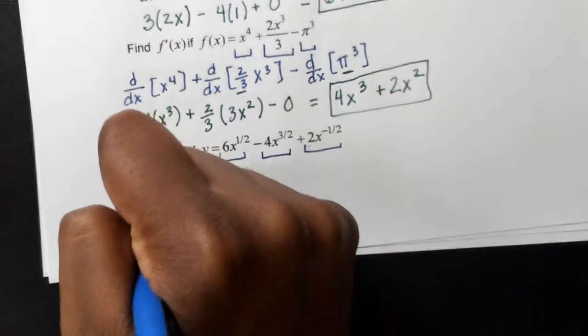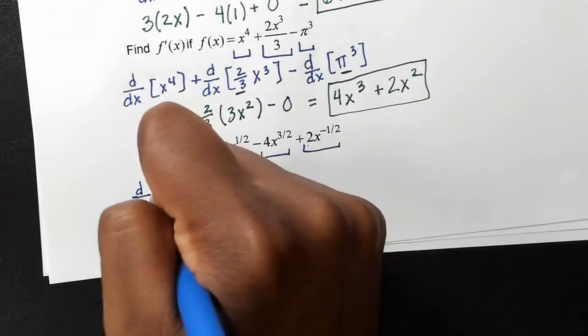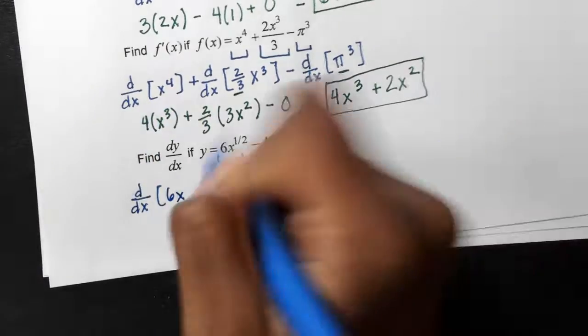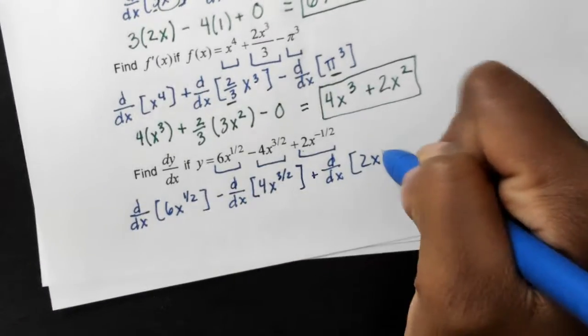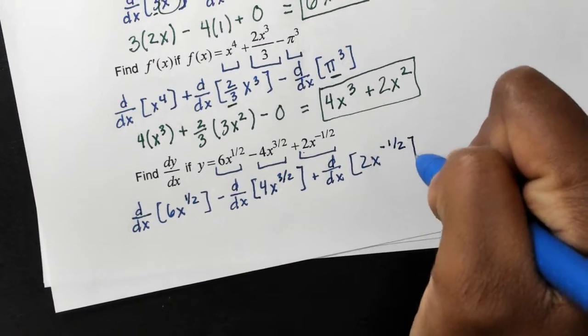So d/dx of 6x to the 1/2 minus d/dx of 4x to the 3/2 plus d/dx of 2x to the negative 1/2.